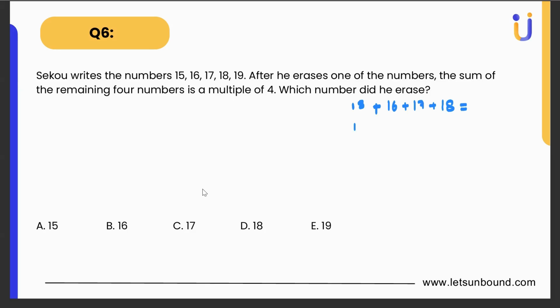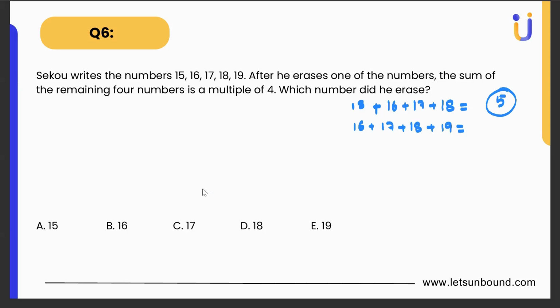Then I could have done 16, 17, 18, 19, which means I removed 15, and so on and so forth. I will get 5 possible combinations and I will have to check whether those 5 possible combinations are actually multiples of 4 or not. That is one way to go about it.